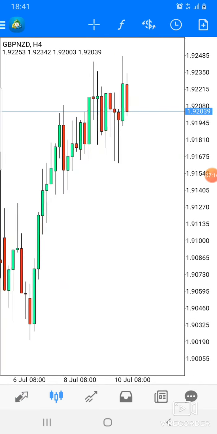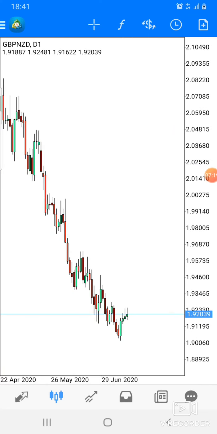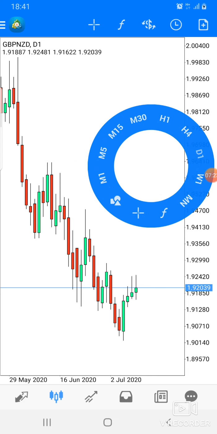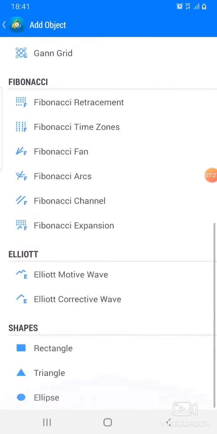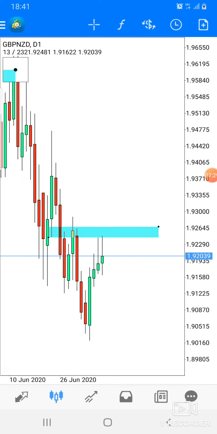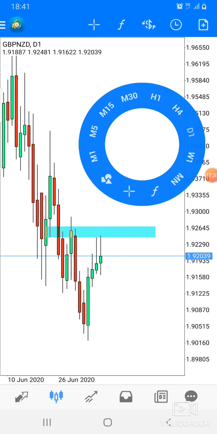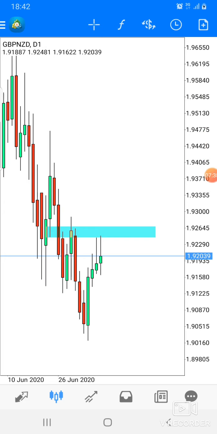Okay, pound. Let's start from the daily. What can I see right now? There is a resistance there. Price does not break that resistance.